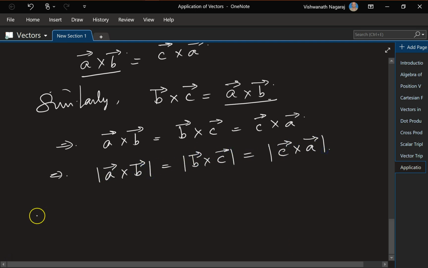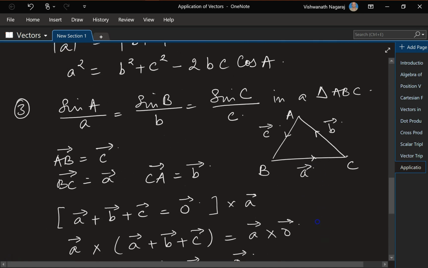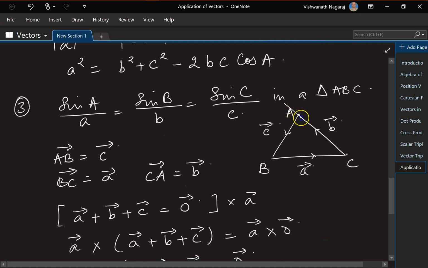And we know how to evaluate the magnitude. AB sin pi minus C. Now pi minus C would be what? We have to extend this further.